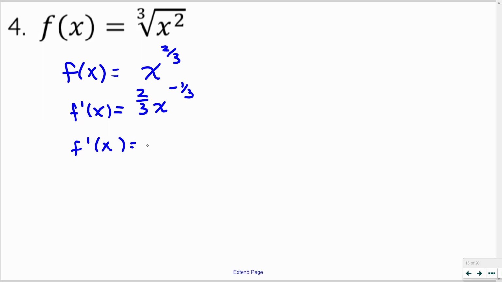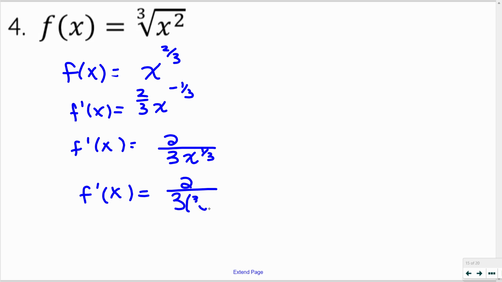So let's write that as, so here's my fraction 2 over 3. To make the exponent negative, I bring it to the bottom and now it's positive exponent. But I started with roots, not exponents, so I want to end with roots. So this is 2 over 3 times the cube root of x. And I'm just going to use brackets so you can see that it's the cube root, not the 33rd root.